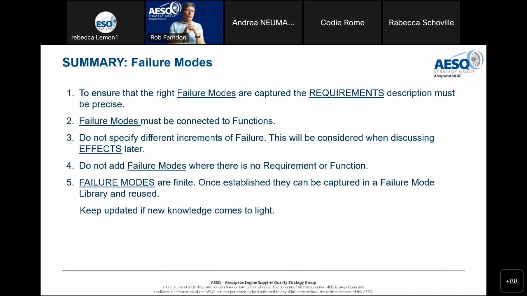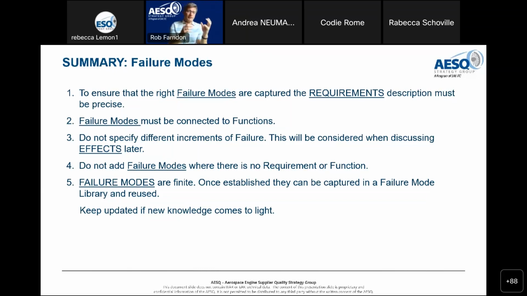Okay. If I haven't quantified the measure for a particular function, then it's difficult to know if I've done too much of it or too little of it. So it's about building a requirement that makes sense in the context of a functional description for what the part needs to do. You must connect your failure modes to the functions.